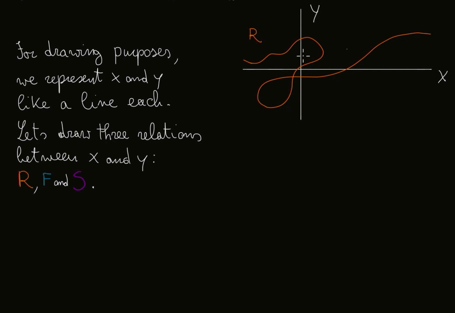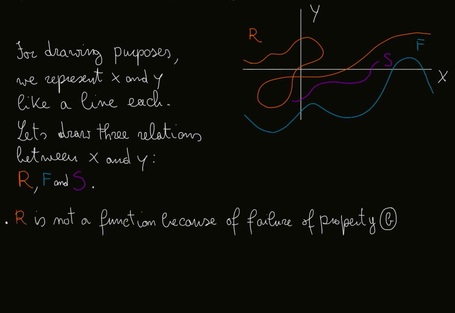For the moment, each of them will be a relation. F is the following, and S is this one. Now, for the moment, let me just delete F and S, and let's concentrate on R.